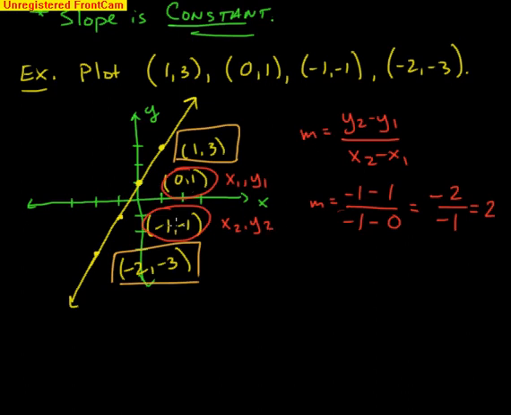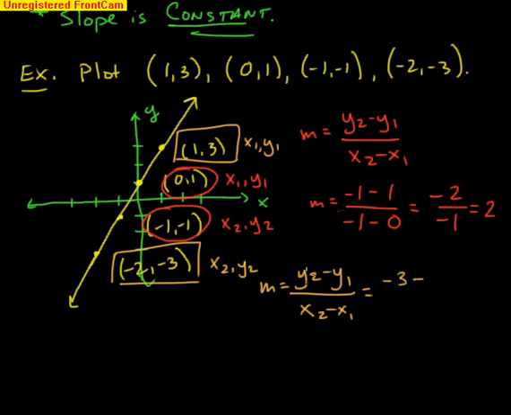Okay. Now I want to find the slope between the outside points. So again, there's my slope formula. Let's label this top one x1, y1, and let's label this bottom one x2, y2. So it doesn't matter which one's which. y2 is negative 3.